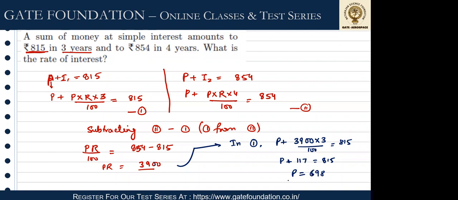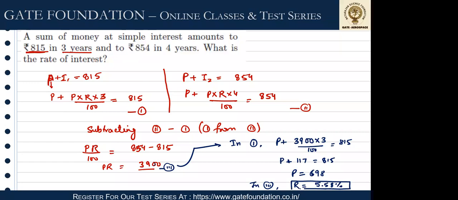Now once you get the value of 698 from this equation, let's say this is equation number 3. So you can calculate the value of R, which will become 3900 divided by 698. Right. So R will be somewhere nearby 5.58 percent.